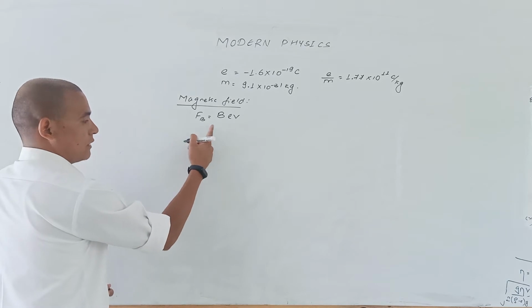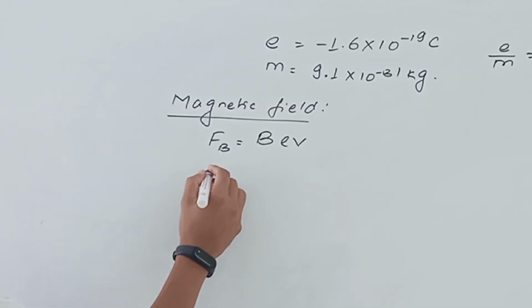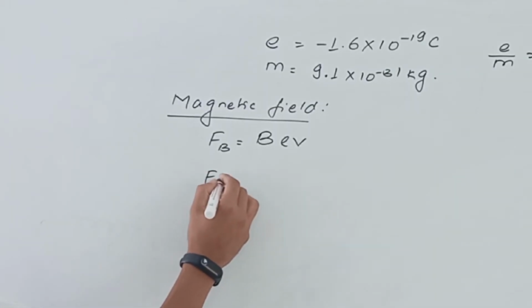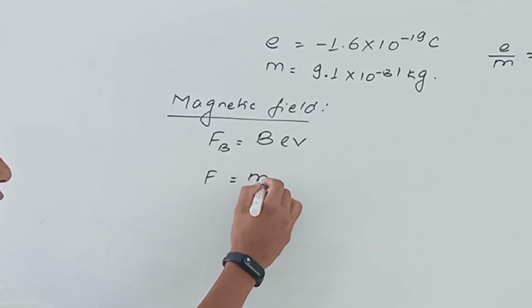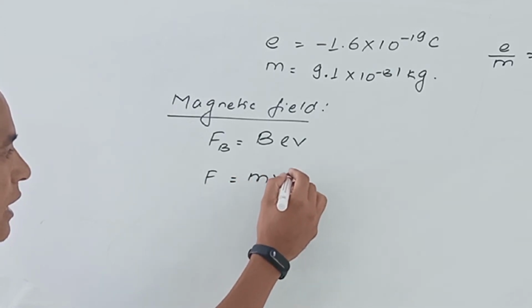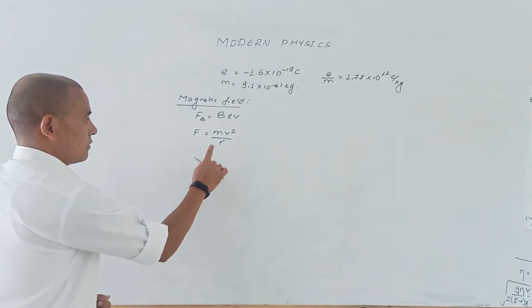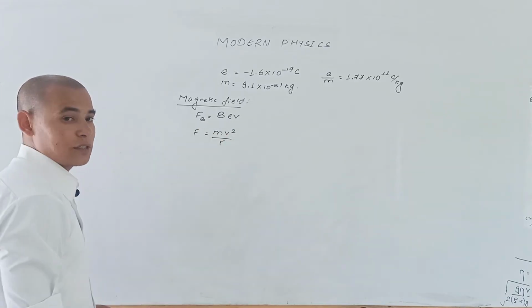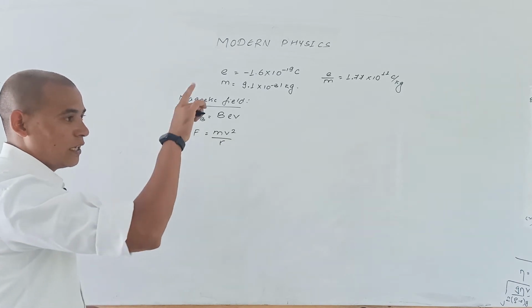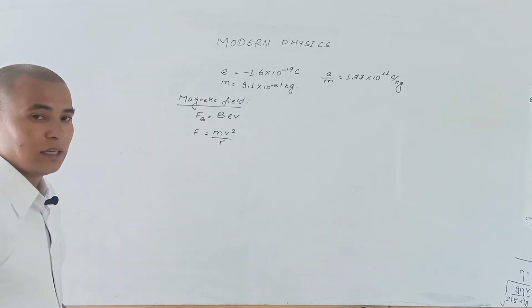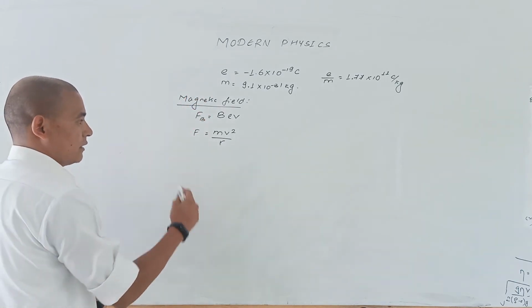This Lorentz force provides the centripetal force for an electron, which is mv square by r. Here m is the mass of an electron, v the velocity, and r the radius of the circular path in which the electron is moving inside the magnetic field.